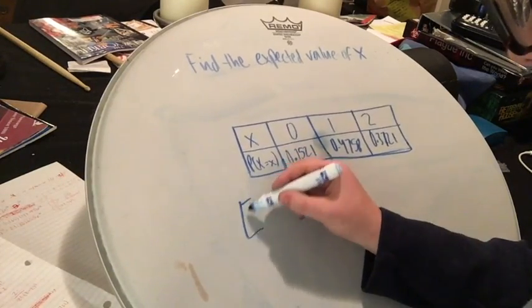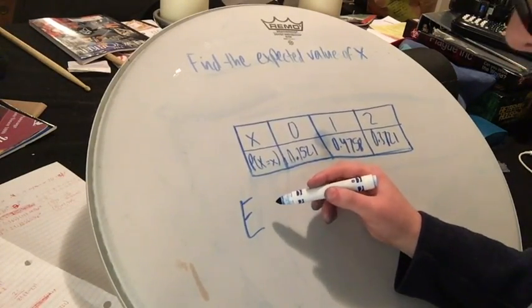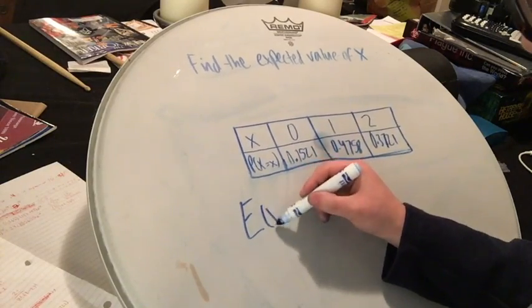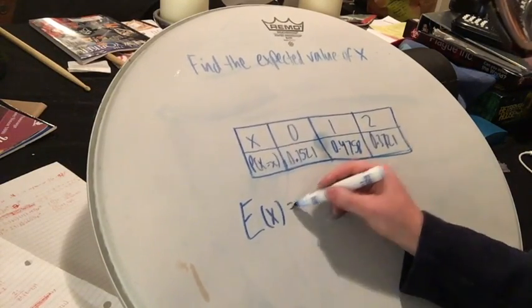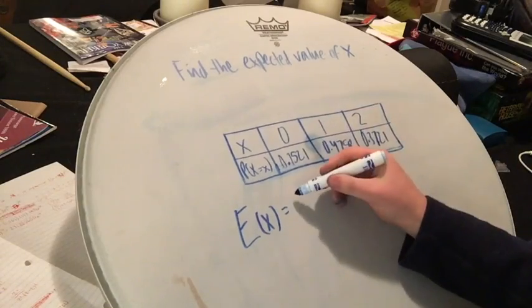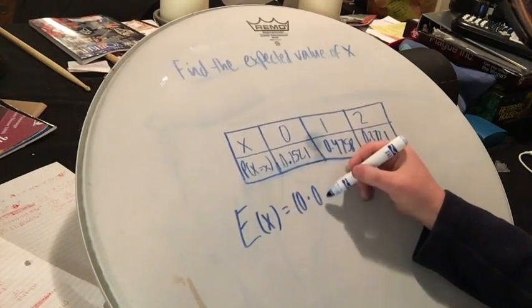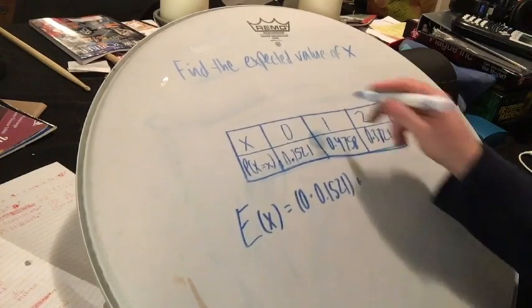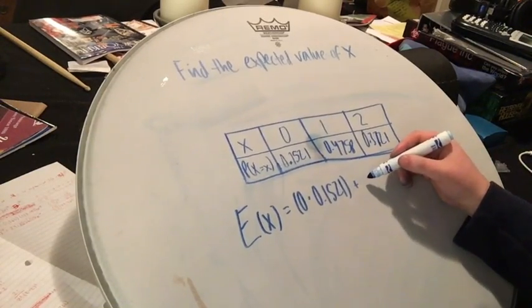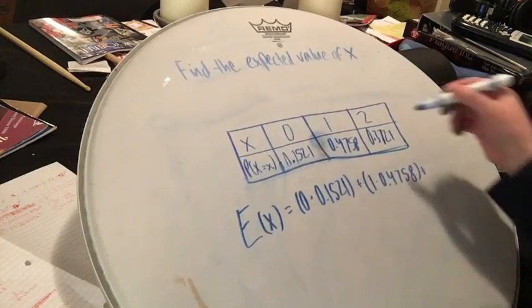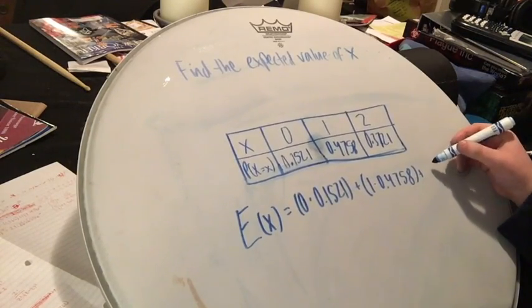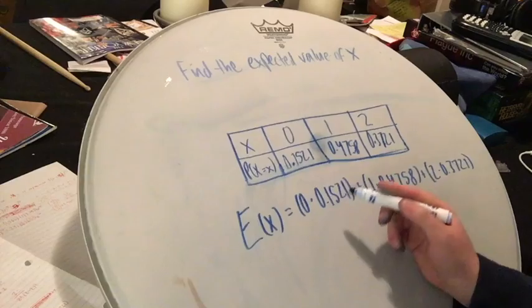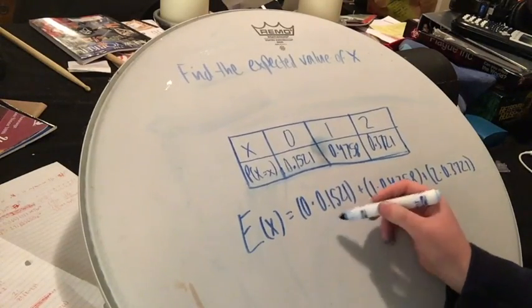And we annotate expected value of x as such, E of x. So remember, we're going to do 0 times 0.1521 plus 1 times 0.4758, and then plus 2 times 0.3721. 0 times anything is 0, so we don't have to worry about that.